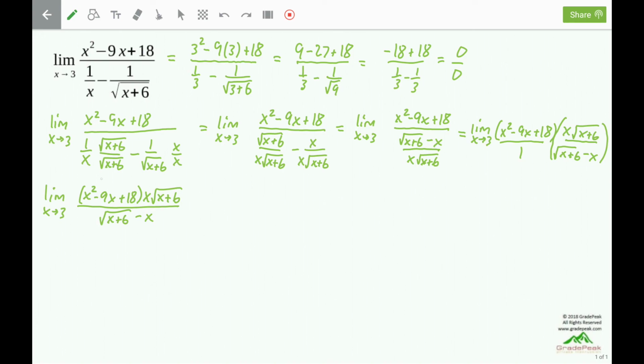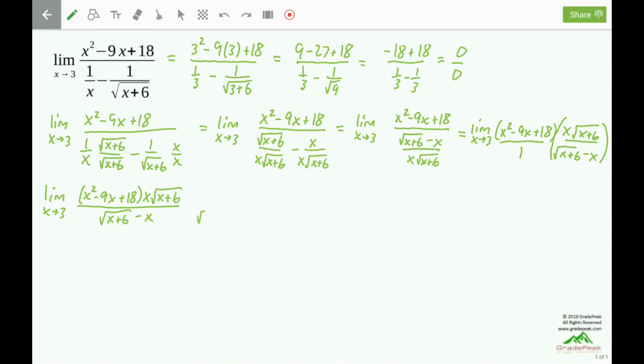In the numerator, it's happening because of this trinomial quadratic. That's making 0. In the denominator, it's happening because of this root combination. And so because it's happening due to the root combination there, we will have to continue with a root conjugate method.